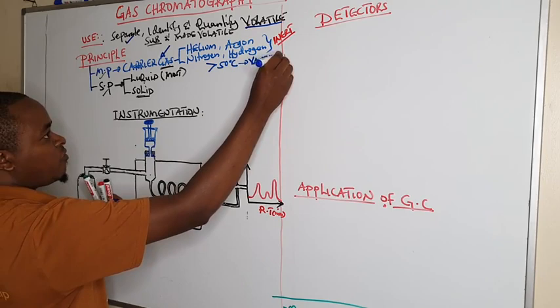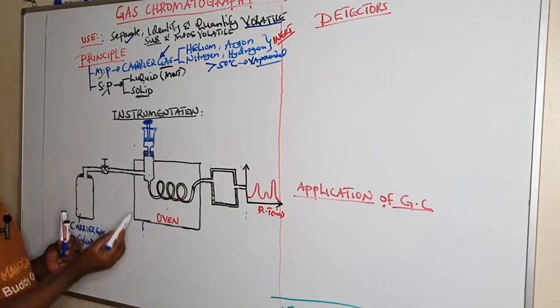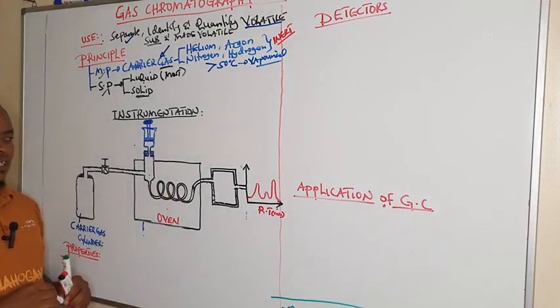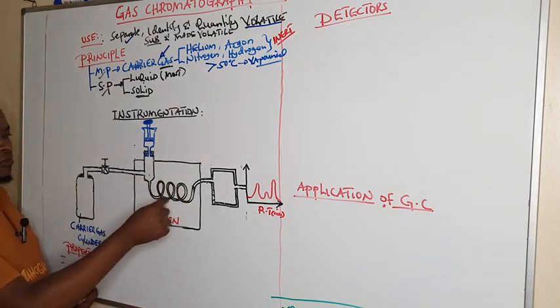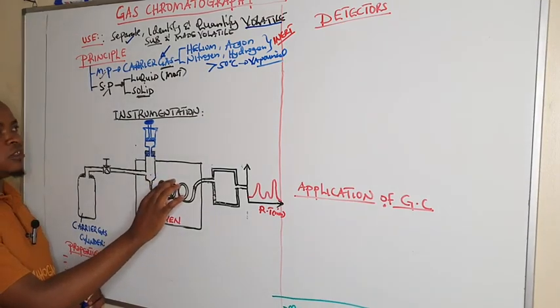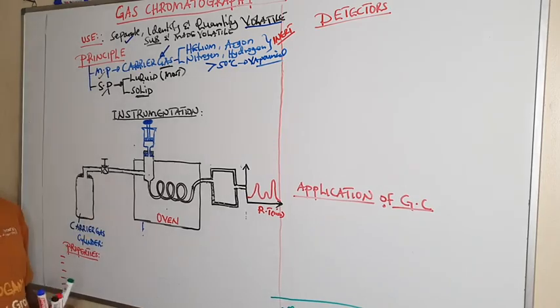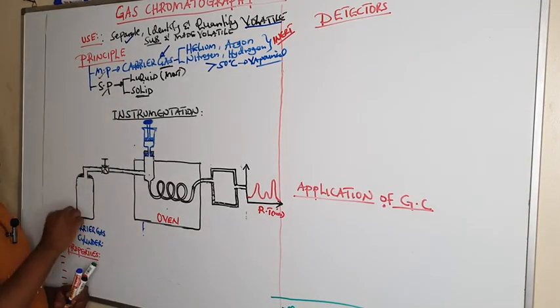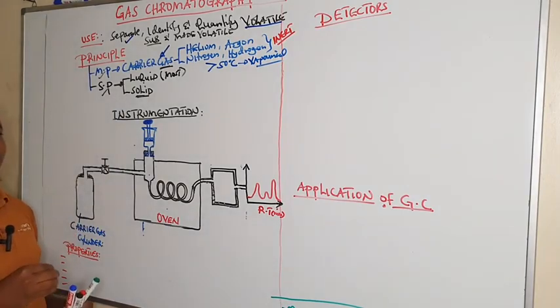After being vaporized, it is injected into a coiled stationary phase. This coiled column is the one that contains the stationary phase, and substances which are volatile are going to be eluted faster and will be detected by the detector.